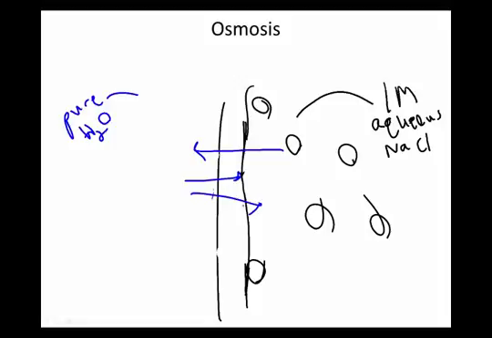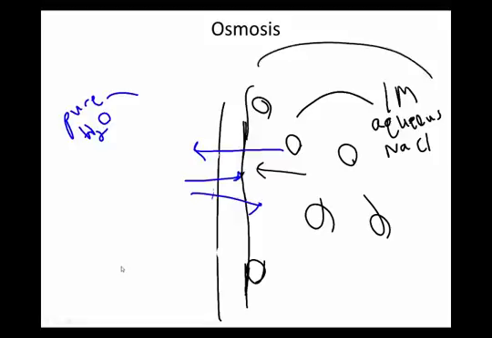In the same way, you can't do anything with wind going this way on the outside of the screen, but you can push the cotton back out going the other way. So the solute impedes the flow of solvent from that side.